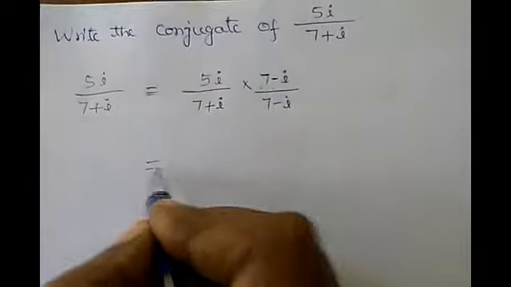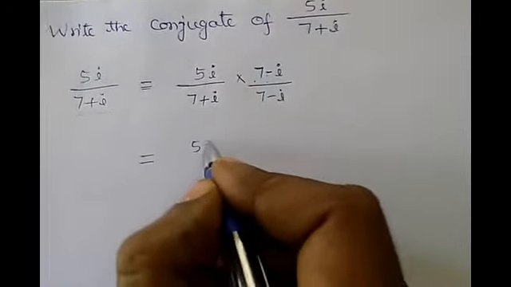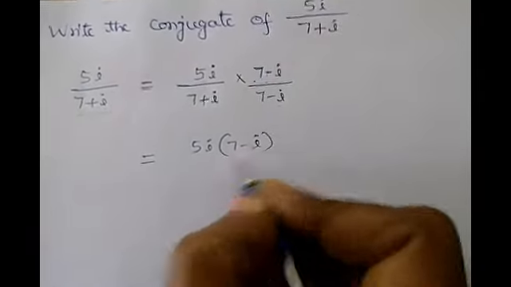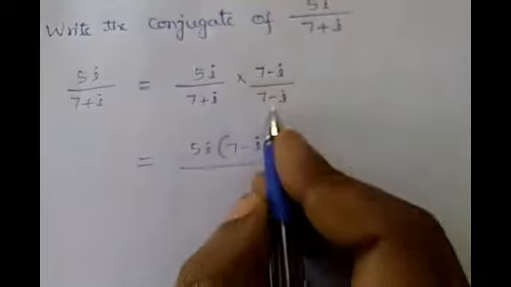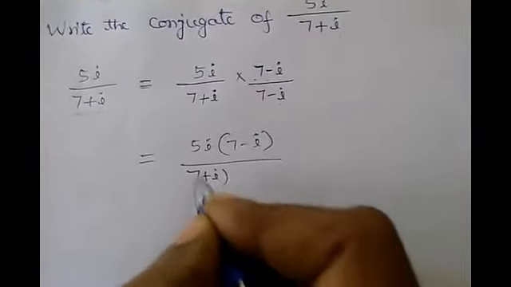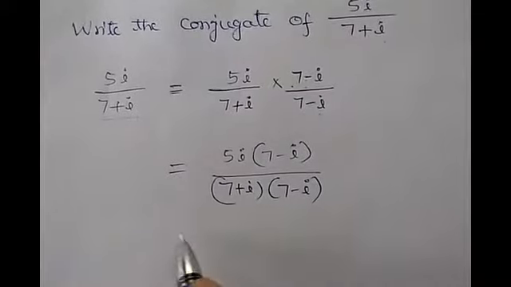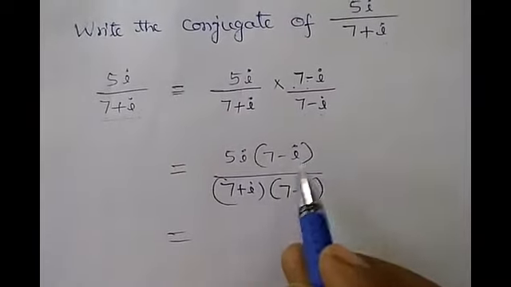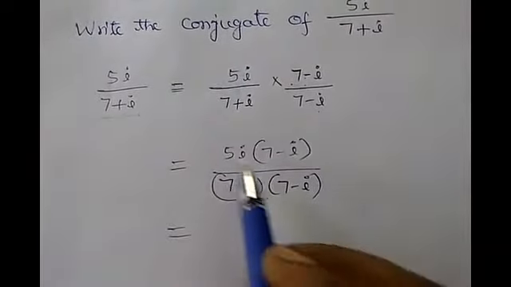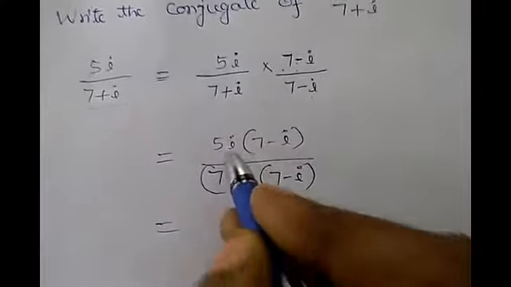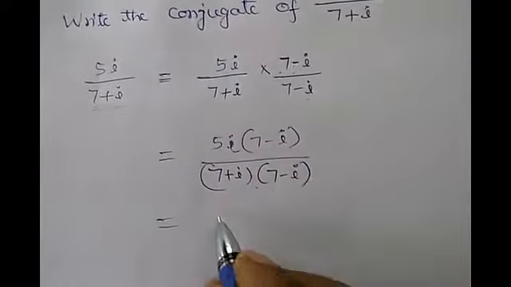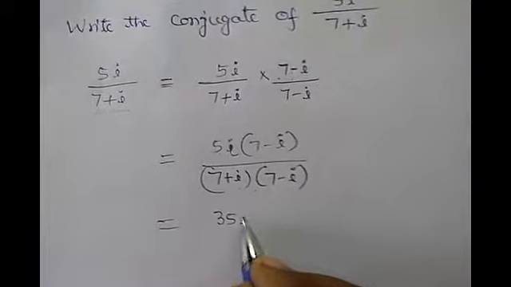That is equal to 5i into 7 minus i by, now, 7 plus i into 7 minus i. Multiply 5i with 7 minus i. 5i into 7 gives 35i.